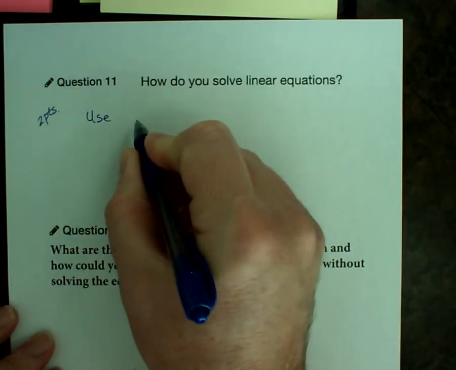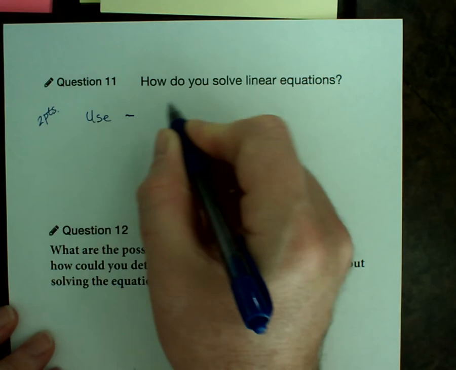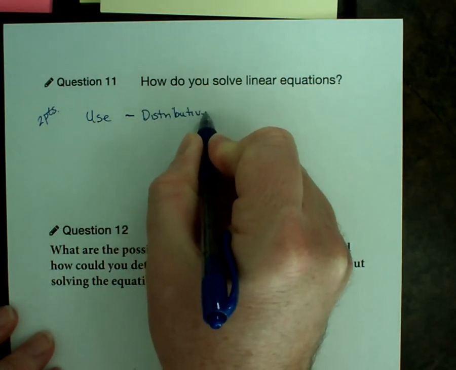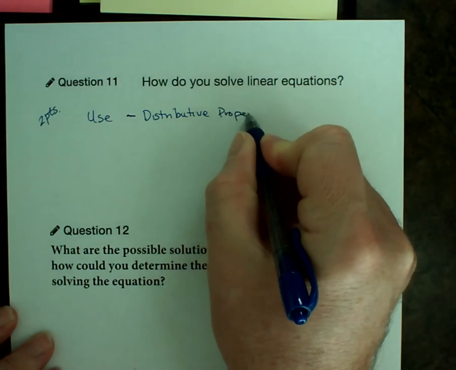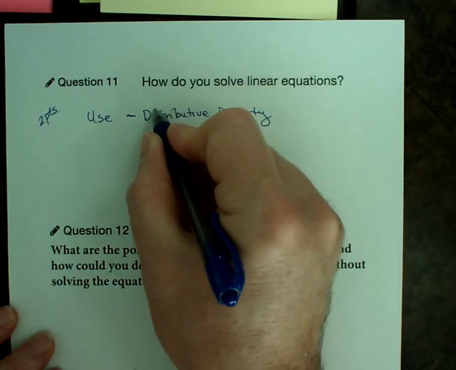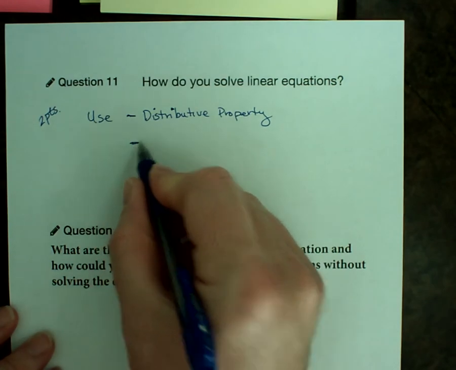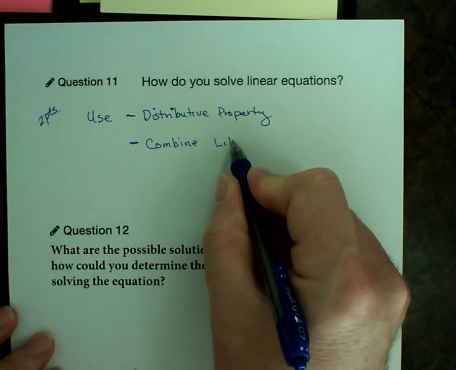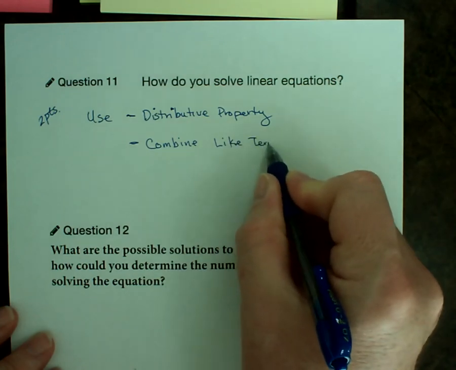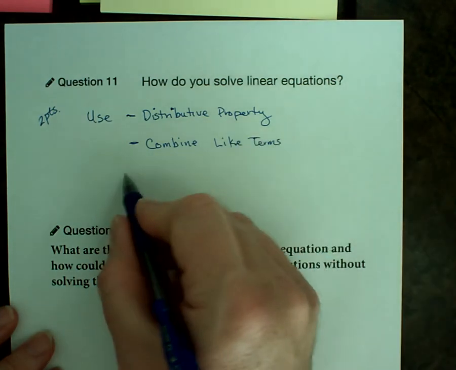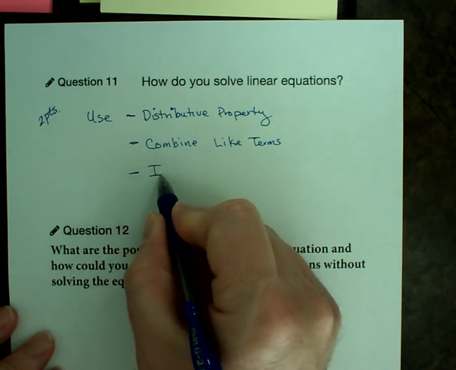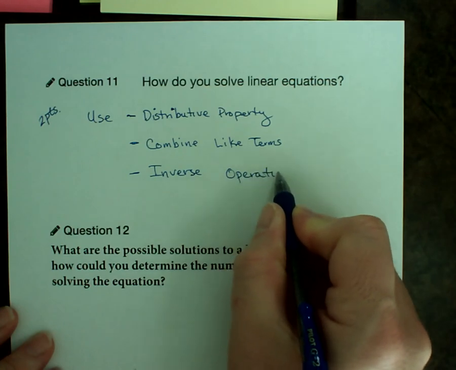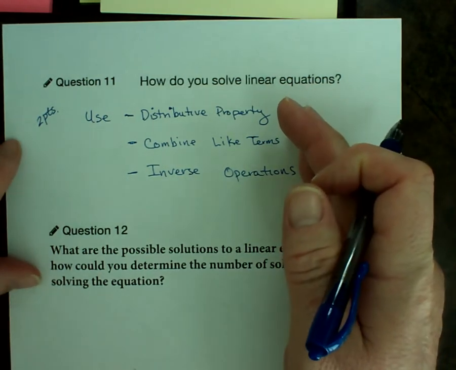We use the distributive property, then we combine like terms, and we finish with inverse operations. This answer got you 2 points.